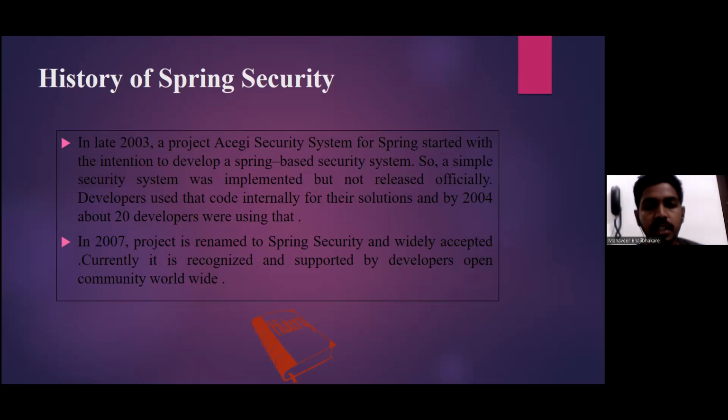Initially they used a simple security system to implement and did not release it officially. Up to 2004, 20 developers were using this code implementation internally. But in 2007 this security project was renamed Spring Security and widely accepted by the countries.